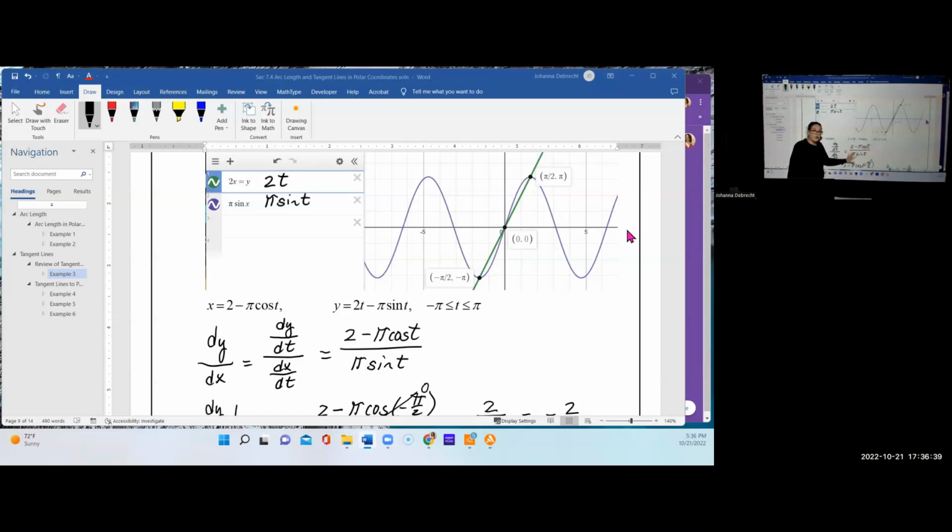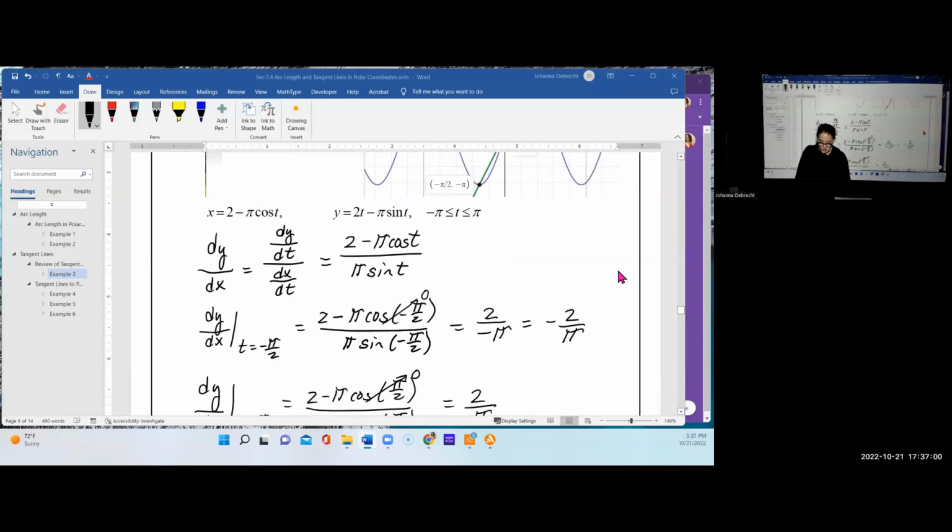Now, this is a formula that will give us the value of the slope of the tangent line anywhere on that prolate cycloid, any point on that graph. I, however, am interested in 2 points, when t is negative pi over 2 and when t is pi over 2.